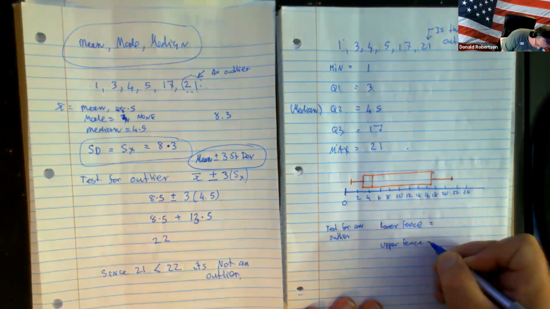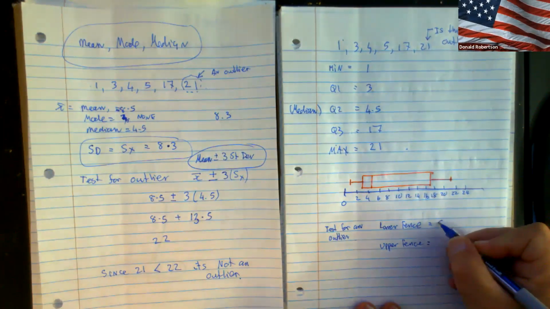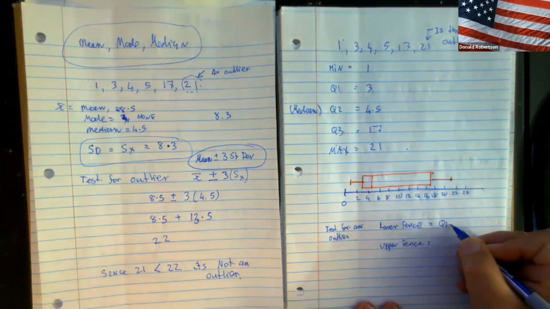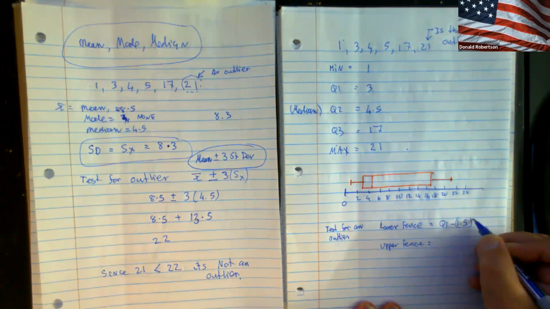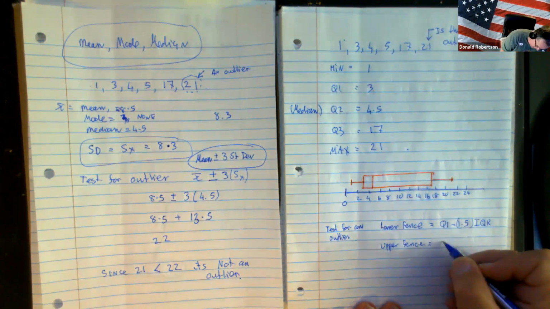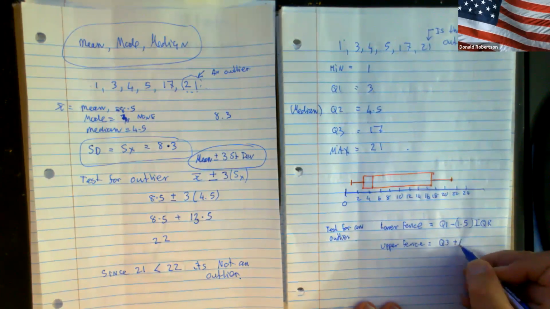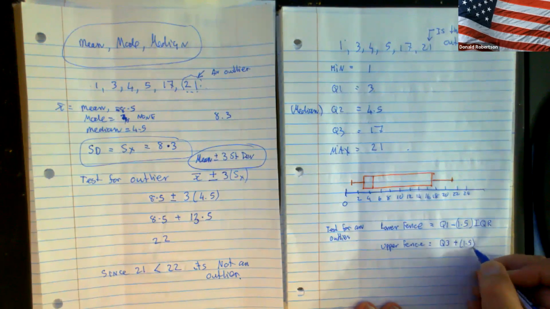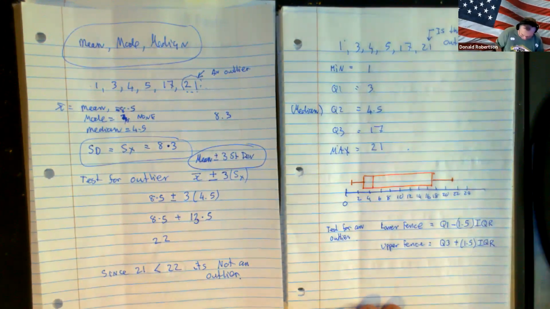And each one of them has a slightly different formula. The lower fence is Q1 take away 1.5 times something called the interquartile range. And the upper fence is Q3 add 1.5 times the interquartile range.